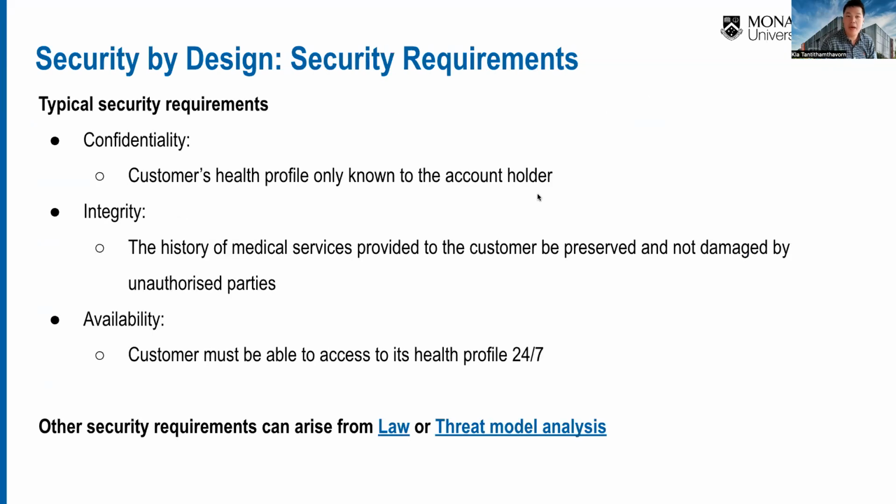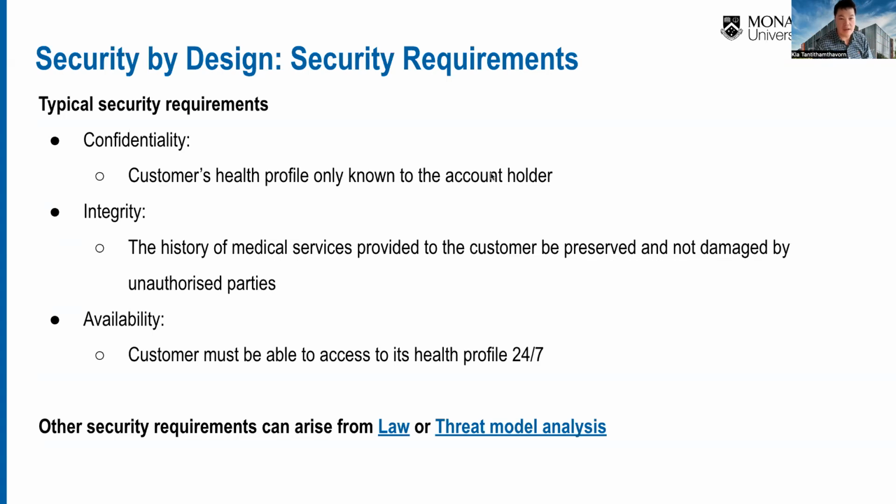But when we do security by design, it should start from the requirements. Some typical security requirements are these three, as I mentioned from the beginning of the lecture: confidentiality, integrity, and availability. These are the three security properties.